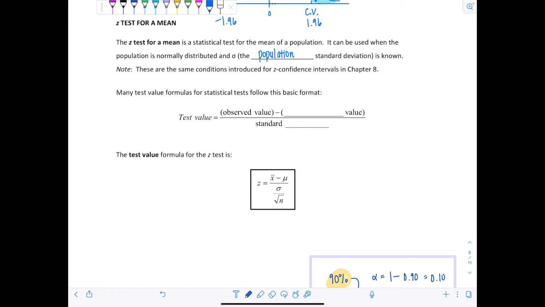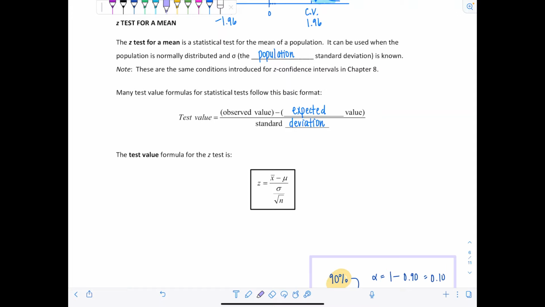The test value is equal to the observed value from your sample minus the expected value divided by the standard deviation or standard error. So the test value formula for the z-test is as follows. Z equals x bar. That's what we observe.